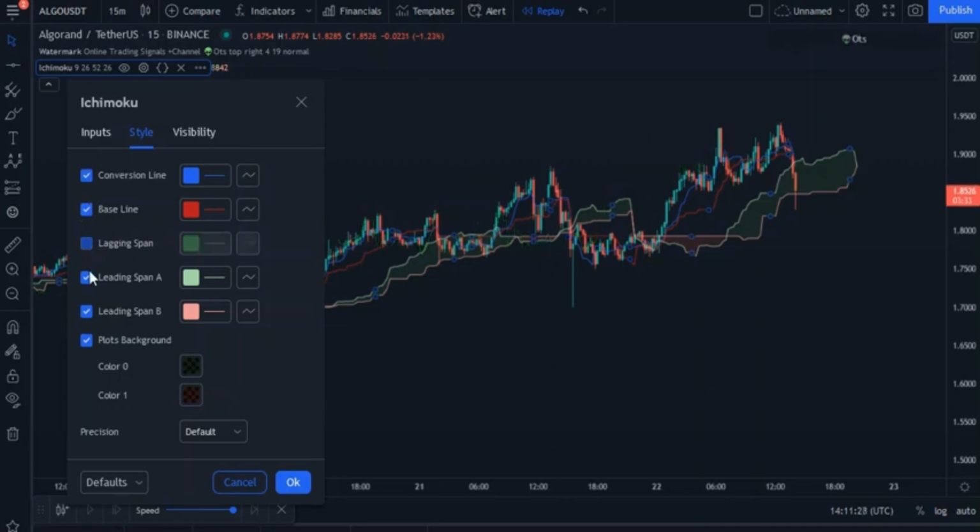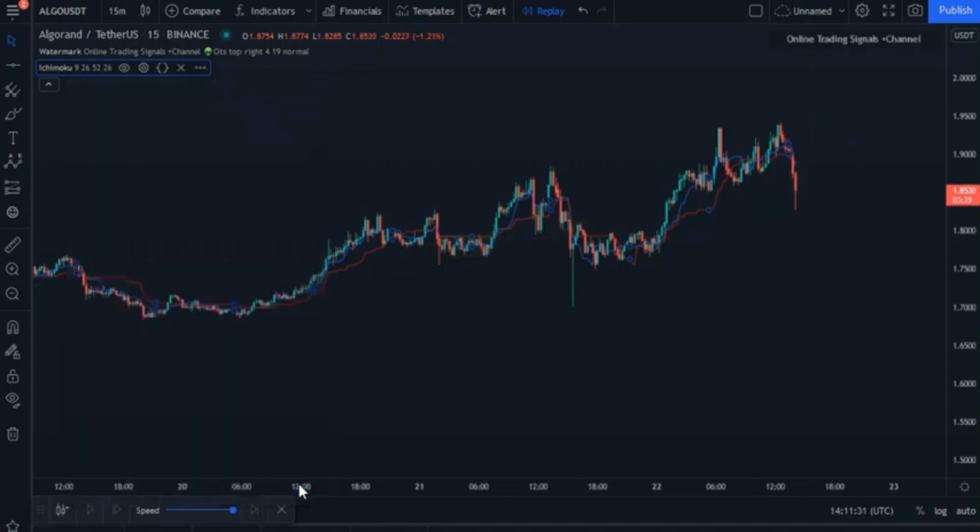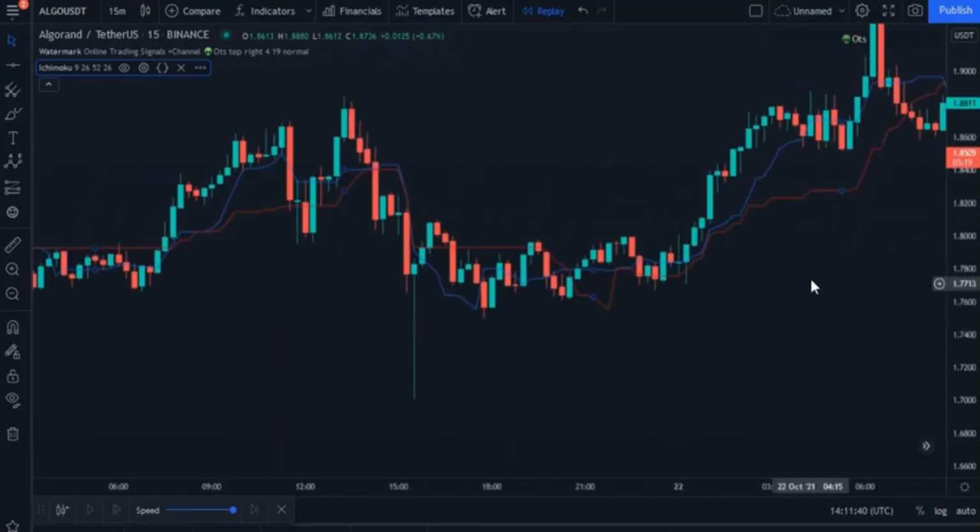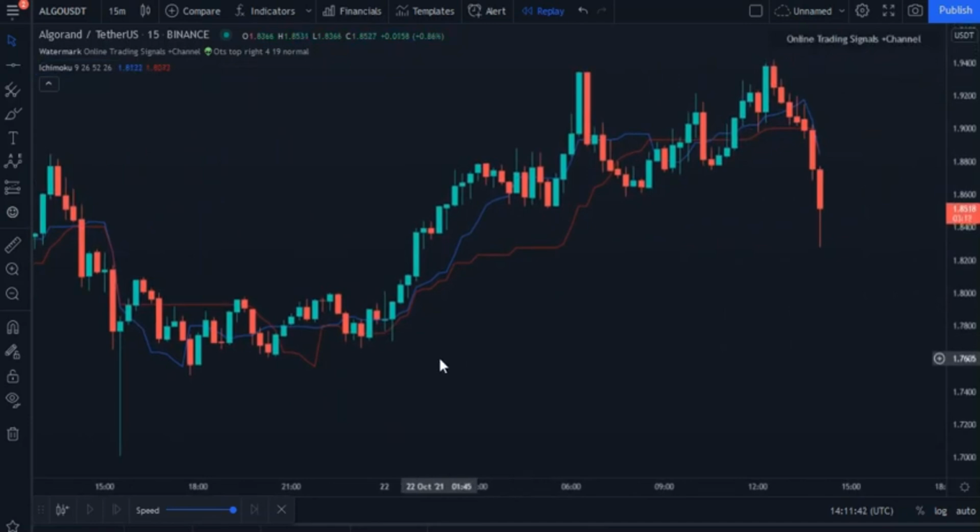First we will leave the conversion line and base line, and we will hide the other lines until we explain step by step. Now on the chart, there is only the conversion line and base line, and this is what we want so far. But what is the benefit of these squiggly lines? Well, these two lines give us rough signals of entry times and exit times. When the blue line crosses the red line up, it means that it is an entry or buying point.